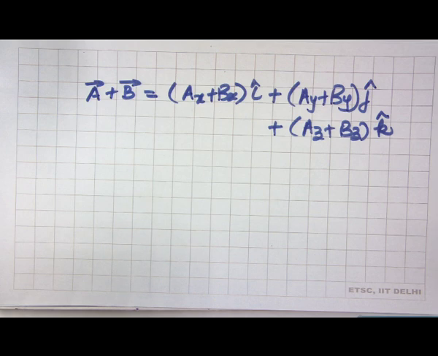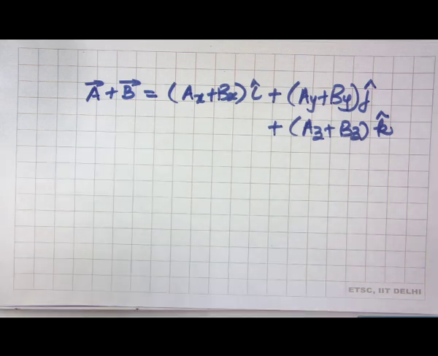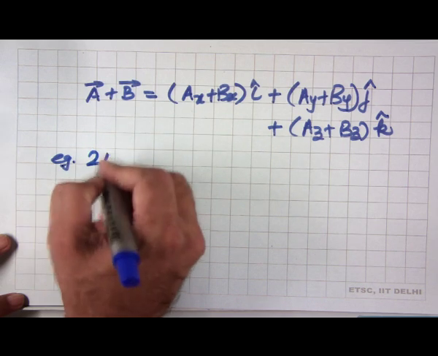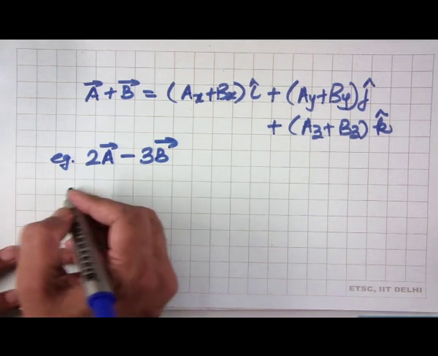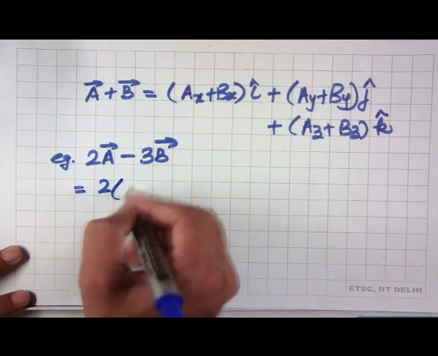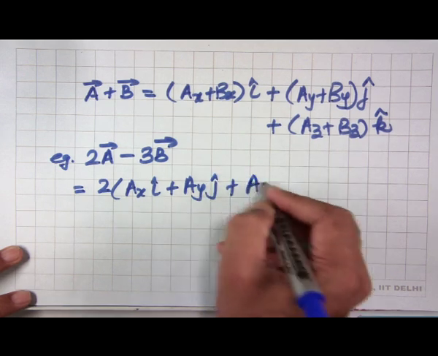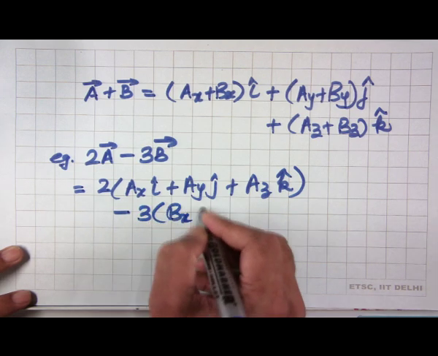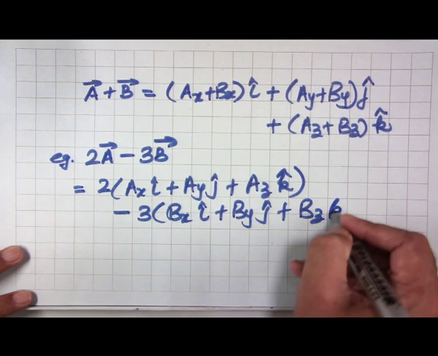And similarly, if we have to add up these vectors multiplied by a scalar or subtracted by a scalar, then we can follow similarly. So, for example, 2 times A minus 3 times B, if we have to find this sum, this will be equal to 2 times (a_x i plus a_y j plus a_z k) minus 3 times (b_x i plus b_y j plus b_z k).